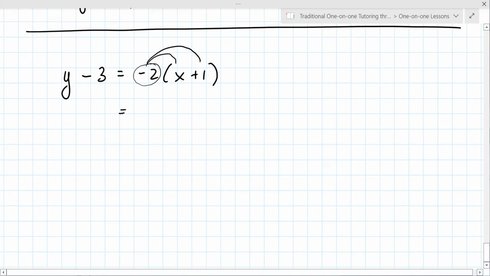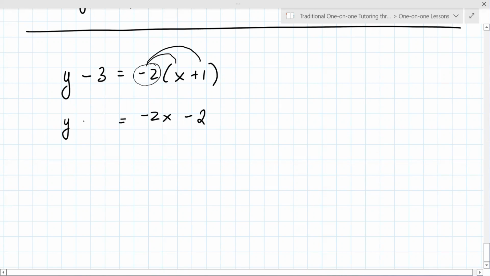What's -2 times x? -2x. There you go. And then the next one is a negative times a positive, -2 times +1. So that would be -2.